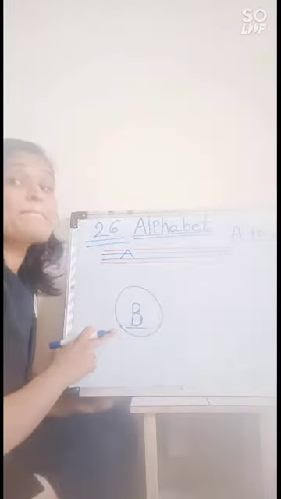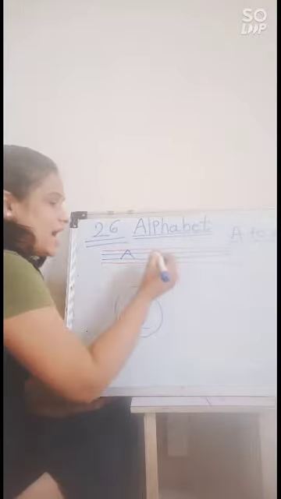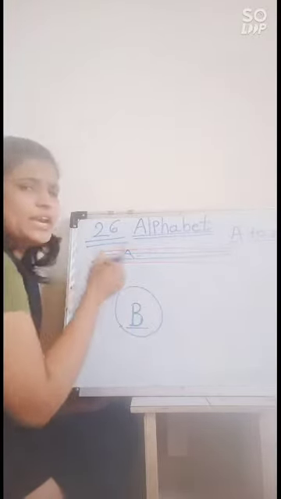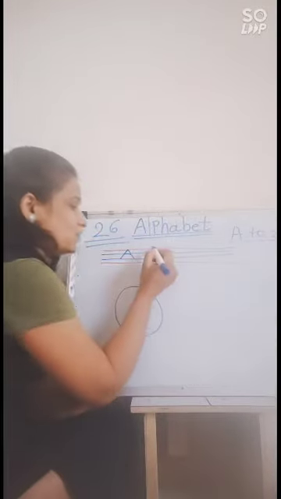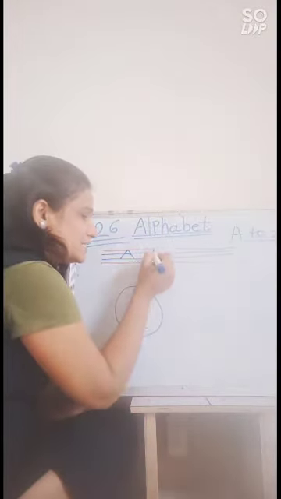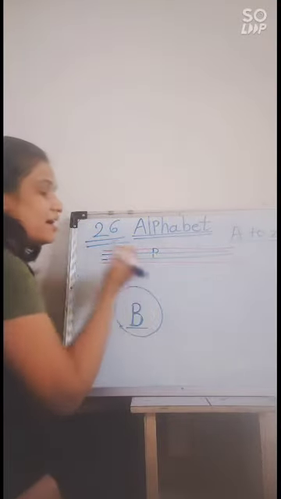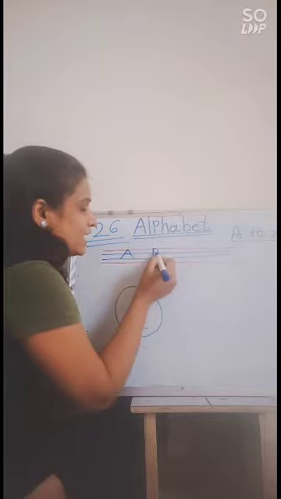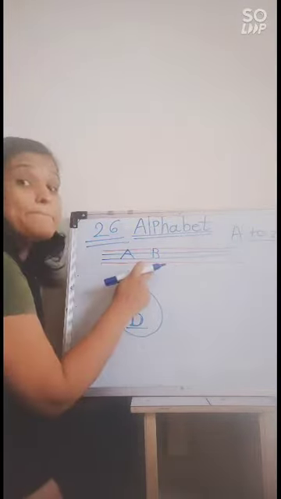That is called B. B for ball. Now we can write here only in the upper, how many lines? 3 lines. Yes, very good. A standing line, a half circle and another half circle. That is B.